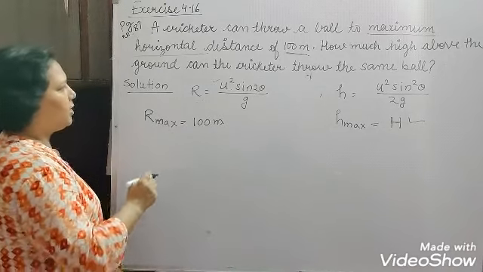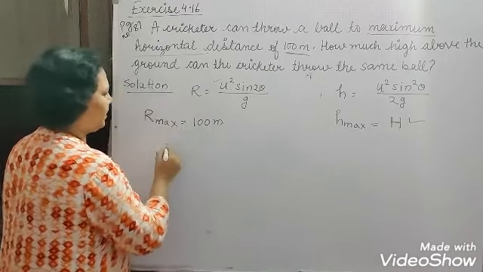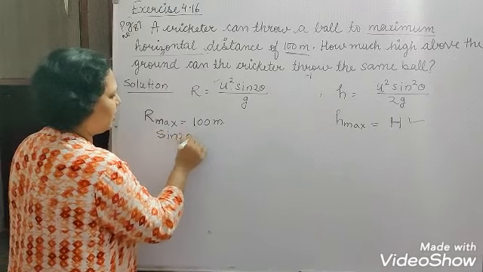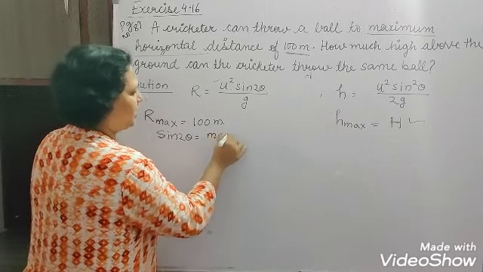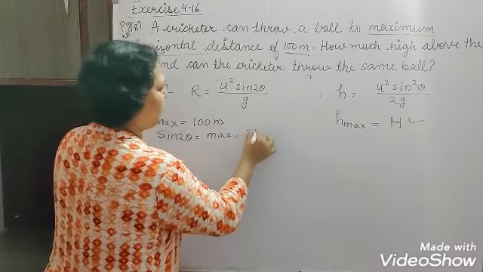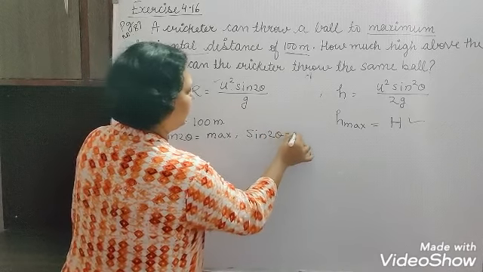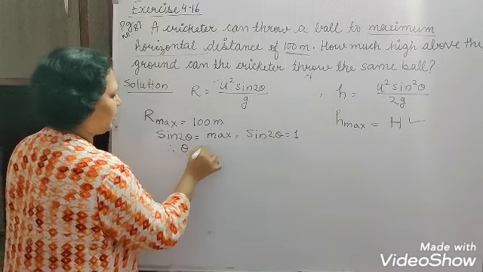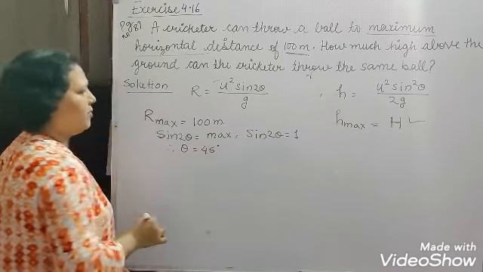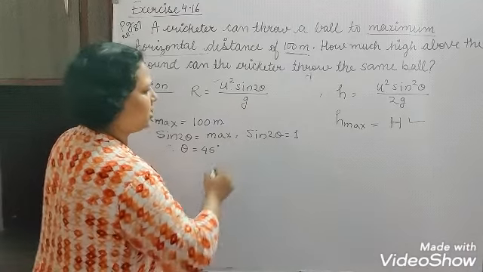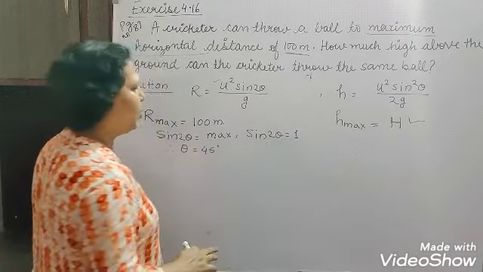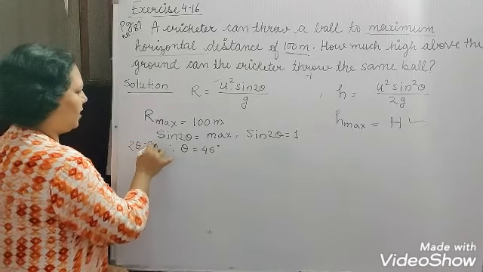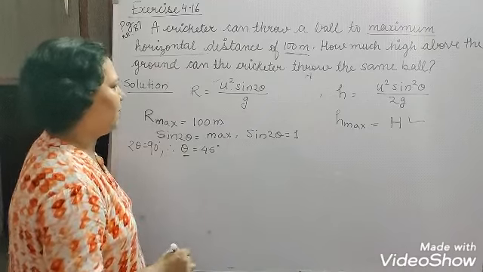Here you will see that maximum range can be attained when sine 2 theta is maximum, so the value of sine 2 theta should be 1. Therefore theta must be 45 degree. So sine 2 theta, that means sine 90, equals 1. 2 theta is 90 degree and therefore theta must be 45 degree.